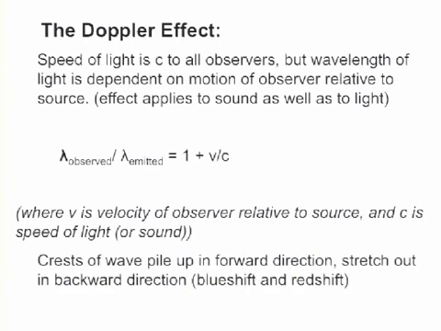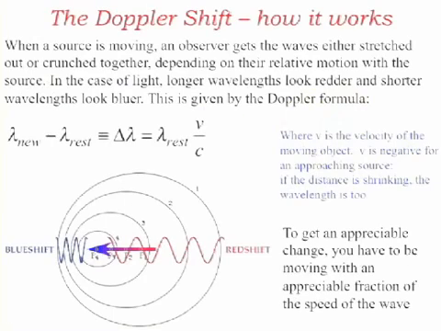The equation is the same. The shift in wavelength divided by the rest wavelength is equal to V over C. I'm sorry, that should not be a nu. It's V over C times the rest wavelength. That's the same equation.